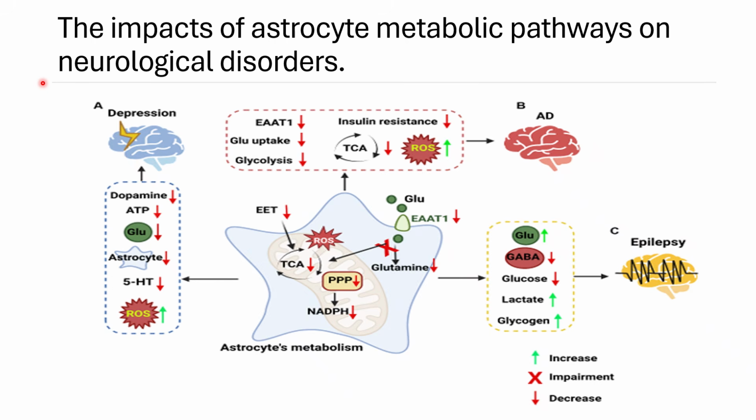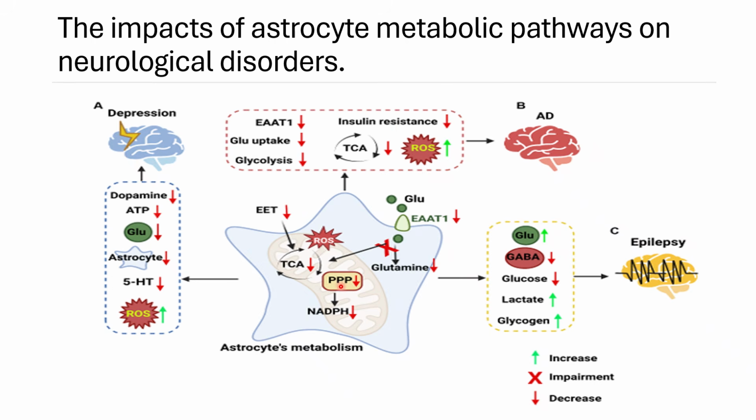So looking at this diagram, in depression, metabolic pathways are impaired in astrocytes, such as the EET. You have the EET here. The EET is the epoxyeicosatrienoic acid signaling pathway.